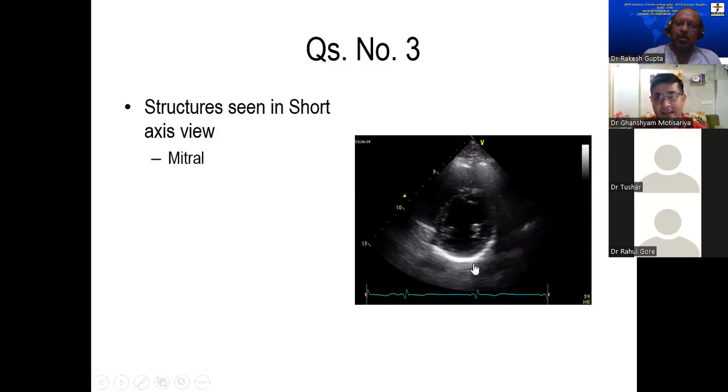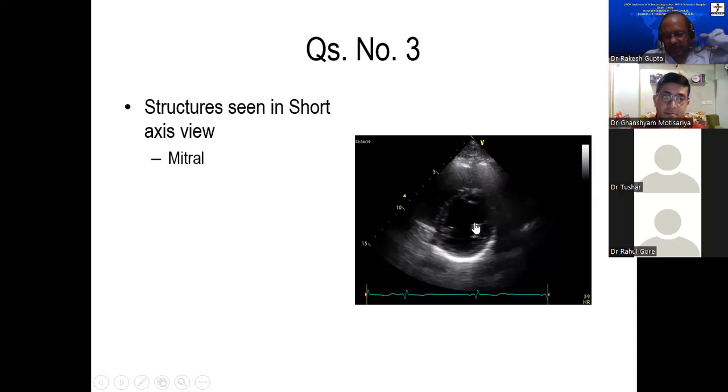Okay. Tell me anything else, sir? No, I'm just asking. What is the structure over here? This is RV. And what is the importance of the septum in relation to LV and RV? Whenever RV pressure is high, then this septum will bulge or flatten. RV pressure high means systolic or diastolic? Systolic. Systolic pressure high.